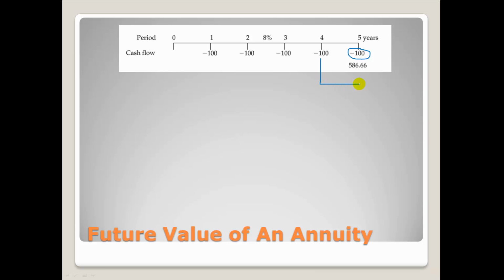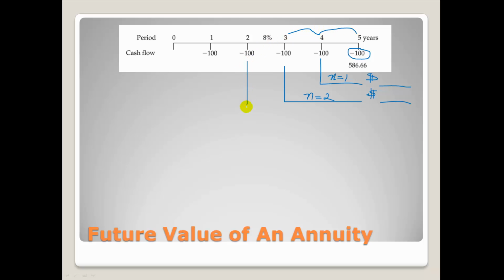So we're going to pull this $100 forward, and we know that in this case, our N is going to be equal to 1. This next $100 is going to be calculated with N equals 2, because there are actually 2 periods, 3 to 4 and 4 to 5.